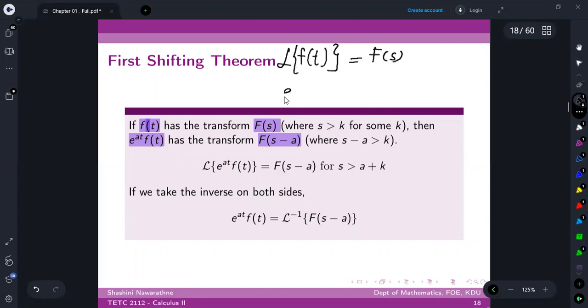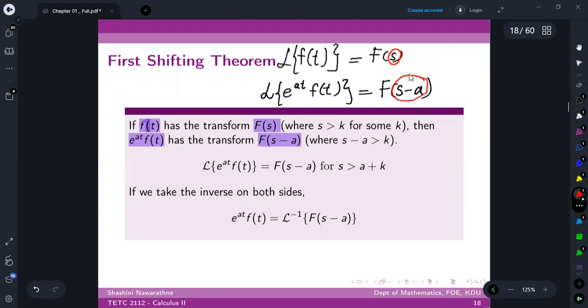And then if we multiply this function f of t by e to the power at, so if we consider this as a new function, and if we consider the Laplace transform of this new function, it is equal to F of s minus a. Here this capital F is the same function as in the earlier case. The only difference is we have to change the variable s to s minus a.